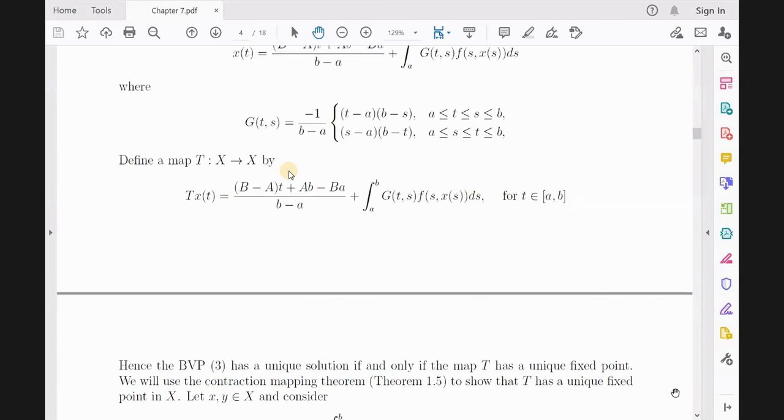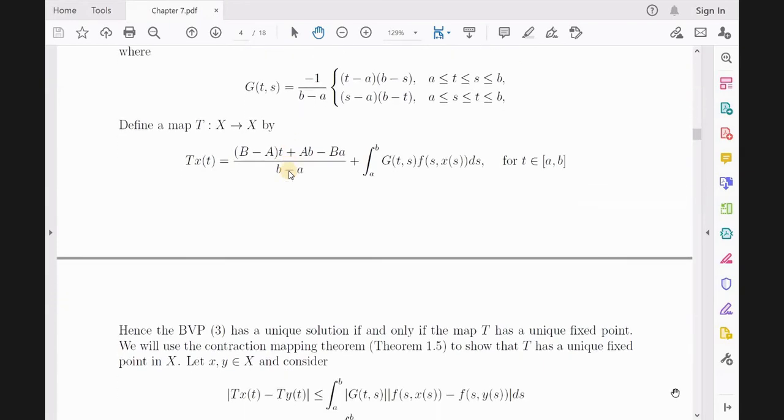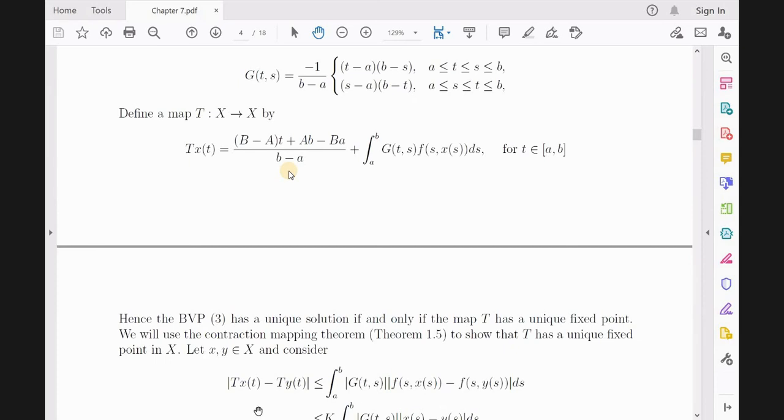Consider x, y belonging to X and consider Tx minus Ty. So you can see the absolute value of Tx minus Ty, just substitute in place. Tx is (b minus a) into t plus (ab minus c), over b minus a, plus the integral from a to b of g(t,s) f(s, x(s)) ds, minus Ty, just replace y in place of x.